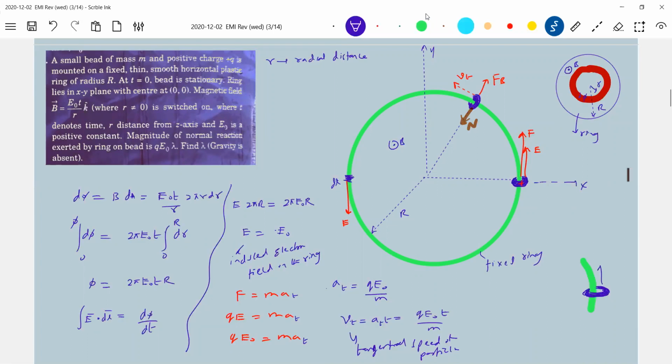It will have tangential velocity v t and magnetic force. Therefore the normal reaction by the ring on the particle will be in this direction. Here is the diagram: if you expand, this will be the situation, and this will be the direction of E bar.